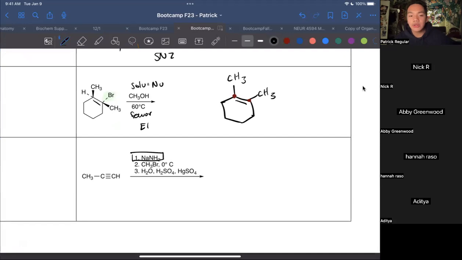First step, NaNH2. It's already a triple bond. How can you eliminate it? The thing is, we're not eliminating it. We're ripping off a proton. If you know this, the pKa of ammonia is very, very high.